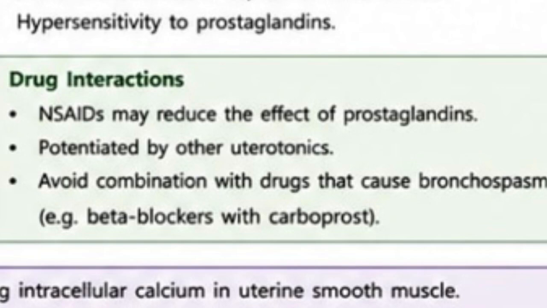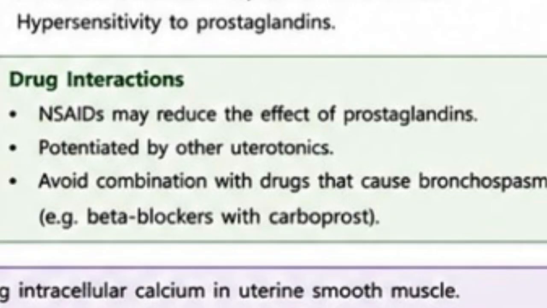If you give it together with propranolol, what happens? It could cause excessive bronchial spasms, because propranolol acts on beta 1 and beta 2. Also timolol and nadolol, but usually propranolol. So don't give alongside. It's very important you know this.